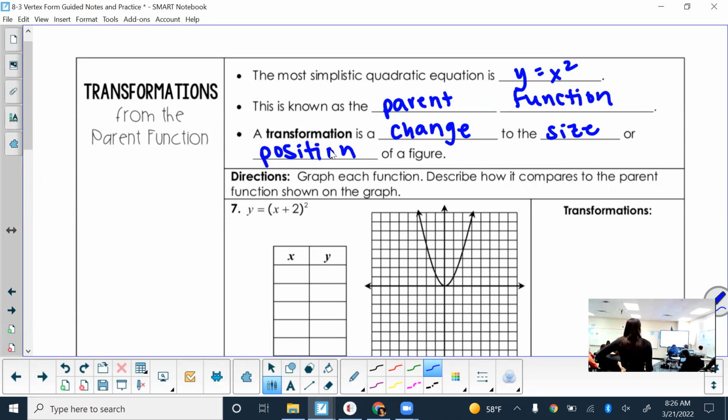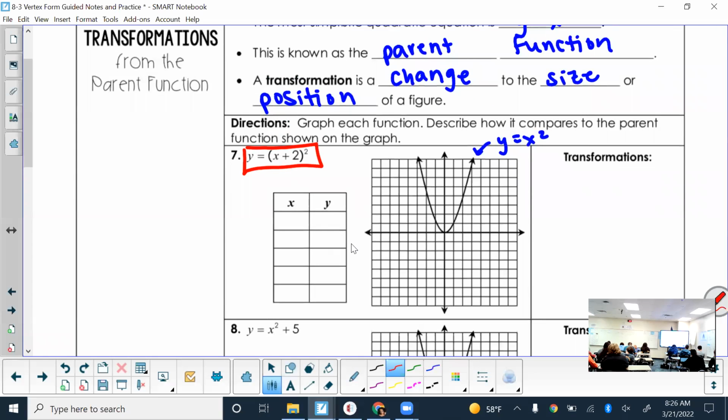We're going to graph each function. The parent function is already on our graphs. This right here is our y equals x squared, already drawn. And we're going to graph this. In order to graph, what do we find first?